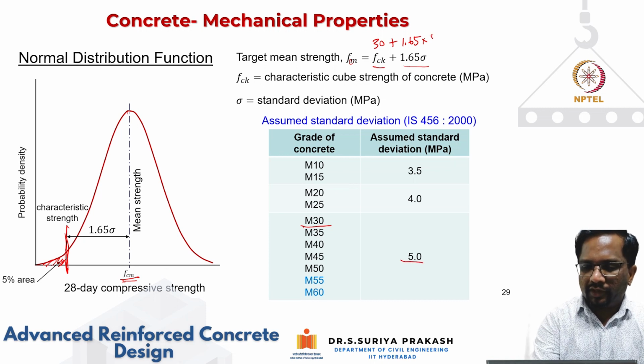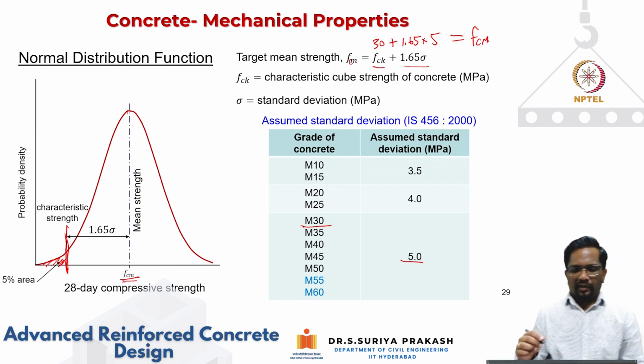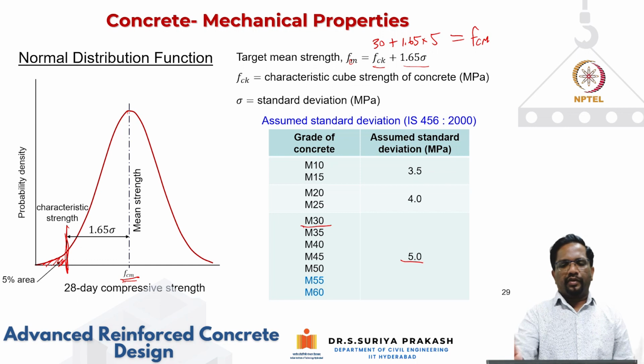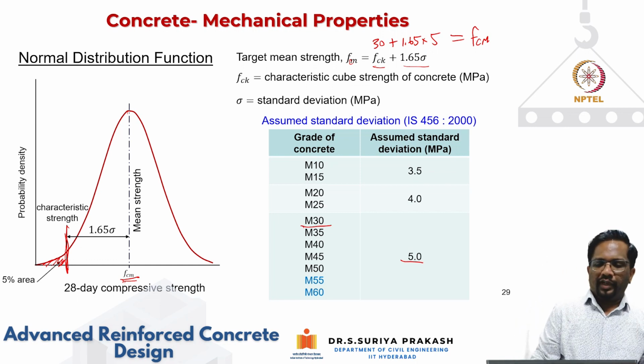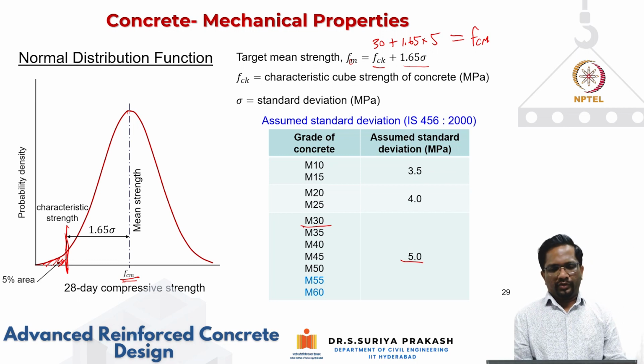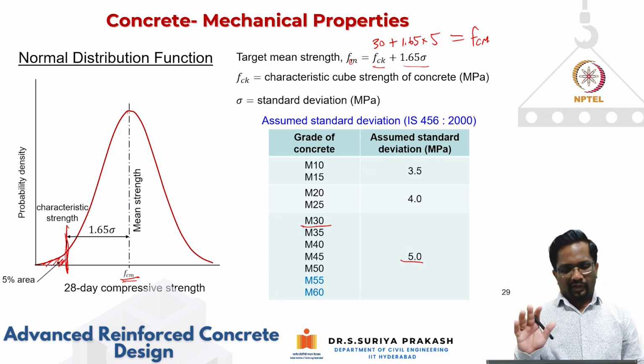So this should be my fcm. If I want 30 megapascal characteristic strength, I should be designing for at least 30 plus 1.65 times 5, which works out to be roughly 8.1 or so. So 38.1 or so is the target mean strength that I should be designing for in my mix design, so that I get a characteristic strength of 30 megapascal.